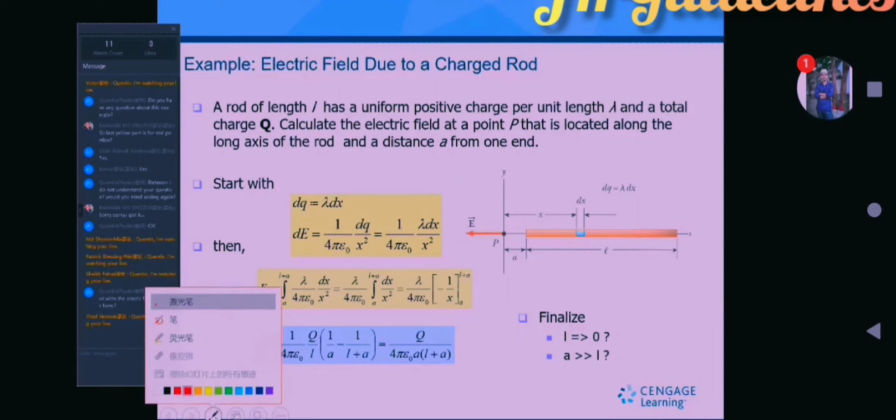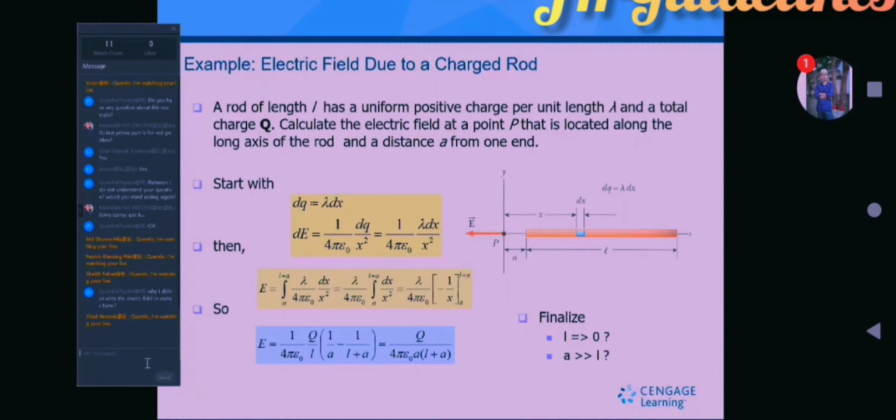Send me some text message. Can anyone give an answer for that? Hello? No?